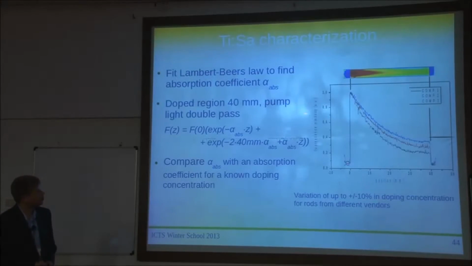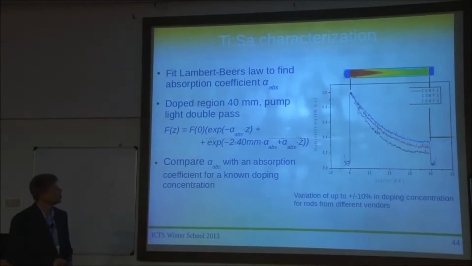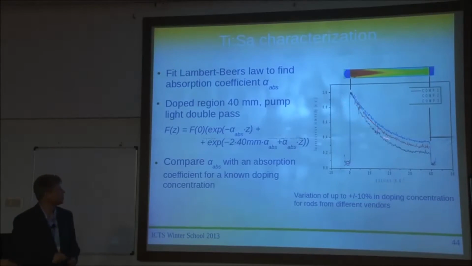However, now you can grab one of these pictures, preferably one in a region where you do have some absorption. You analyze this picture, you take a cut through it and then you plot the data here. And what you can then do is use just Lambert-Beer's law, so you would know that it's an exponential decay here, or actually it's this formula.